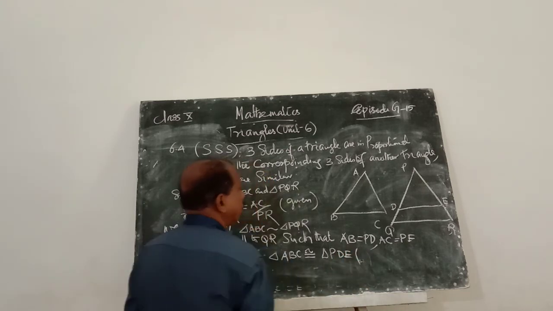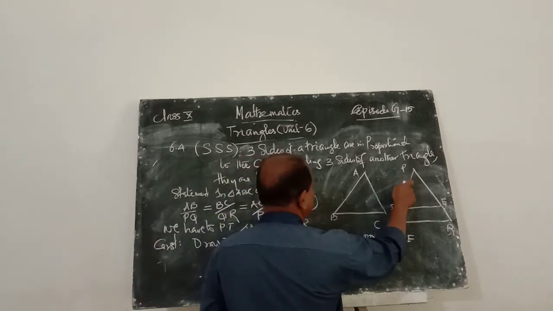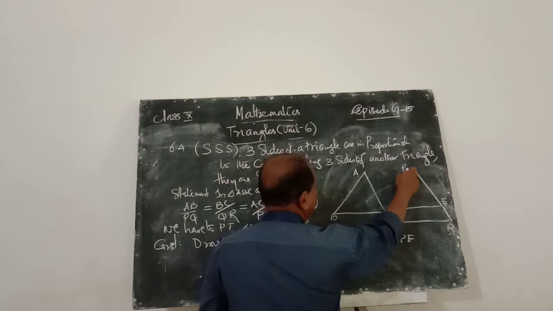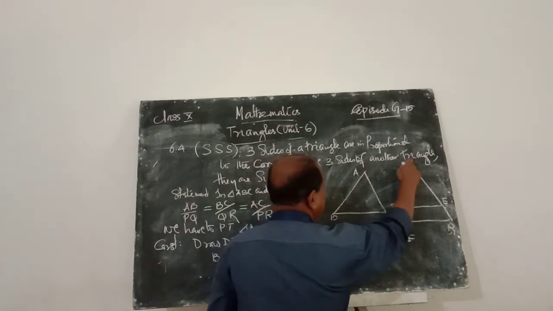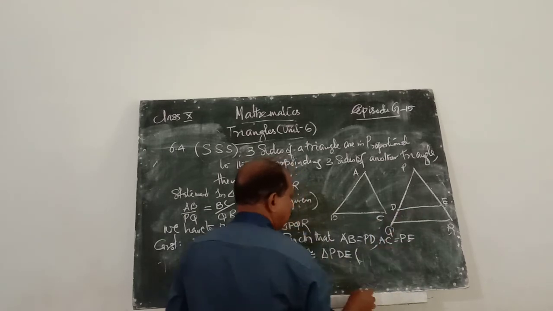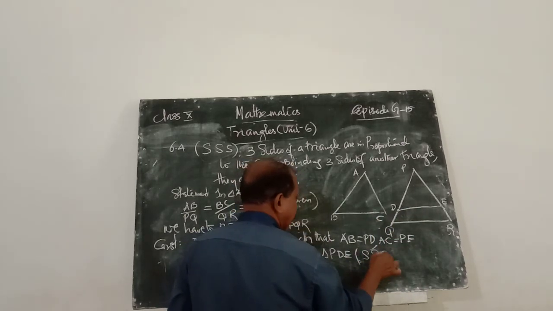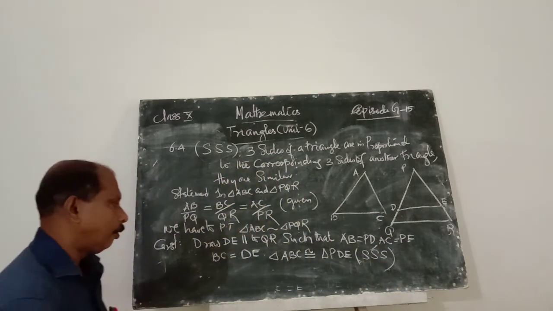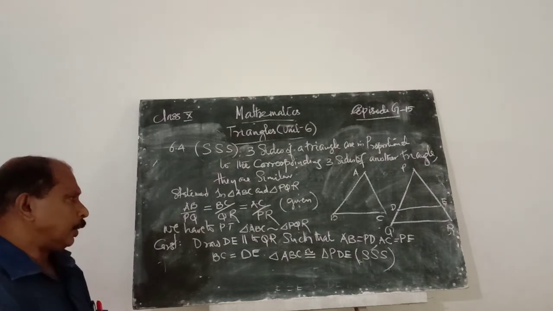As a result, these two sides AB is equal to PD, AC is equal to PE, therefore BC is equal to DE. That is SSS criteria, three sides of the congruency.